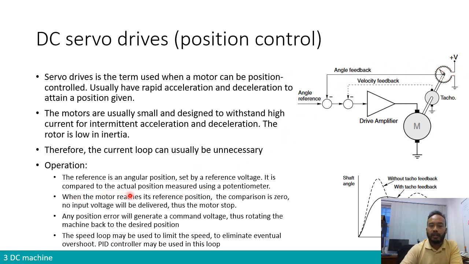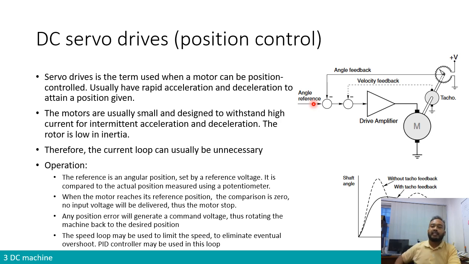It is compared to the actual position, which is measured, for example in this case, using a potentiometer. So you might have a position that is measured by a potentiometer, and the voltage output from the potentiometer will be compared to the reference voltage.